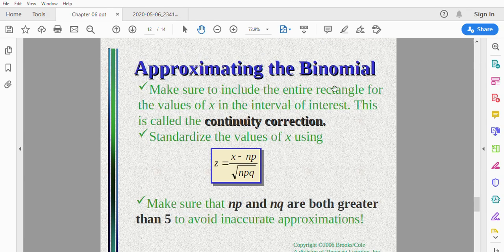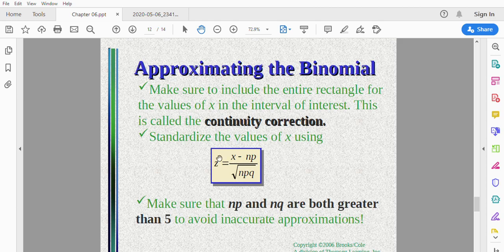So how do we approximate the binomial? For approximating the binomial, we have to do continuity correction, which is z equals x minus np, which is the mean for the binomial distribution, divided by the square root of npq, which is the standard deviation for the binomial distribution.